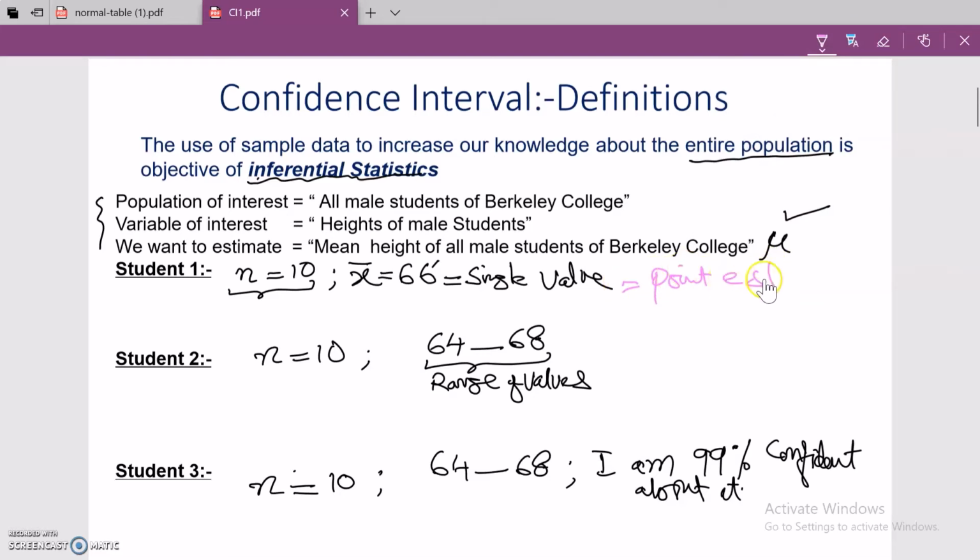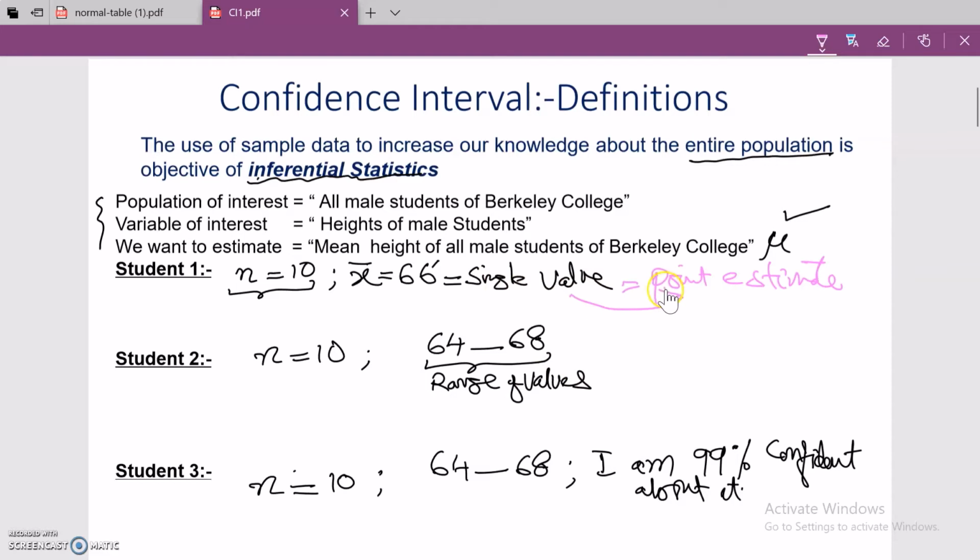So it means if you estimate a population parameter by a single value, then such an estimate is called a point estimate. You are estimating a population parameter by a sample statistic. You are estimating the population mean by a sample mean, by a single value. Such an estimate is called a point estimate, right?